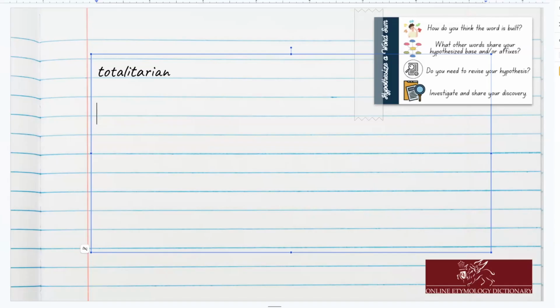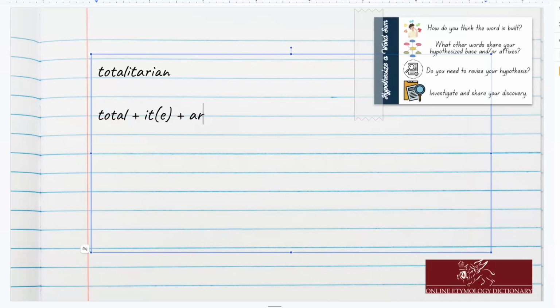So this is the first possible thought: I might have the word total, plus IT. I know ITE can be a suffix. I don't know if it's going to be IT or ITE. Maybe it's IT. We'll put E in brackets because I'm not sure there.